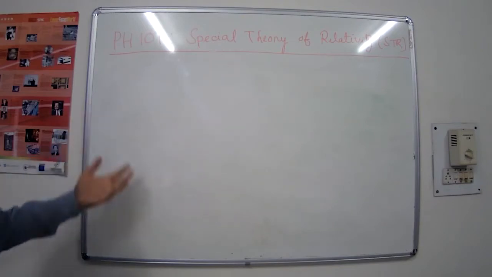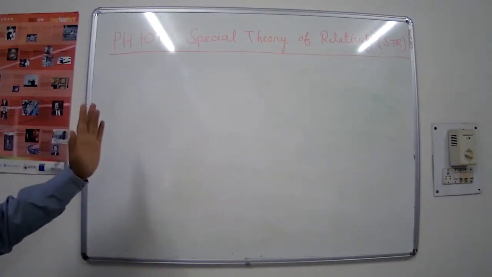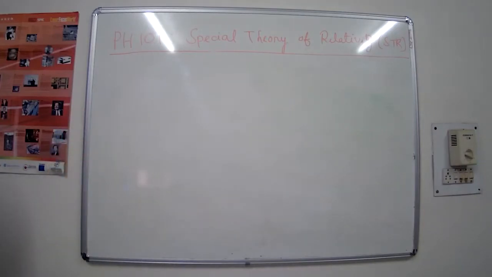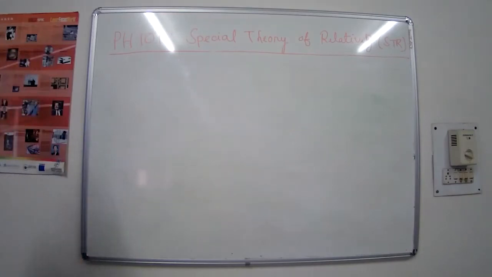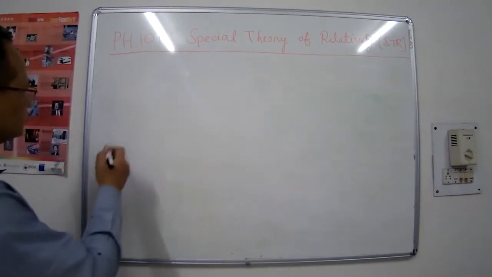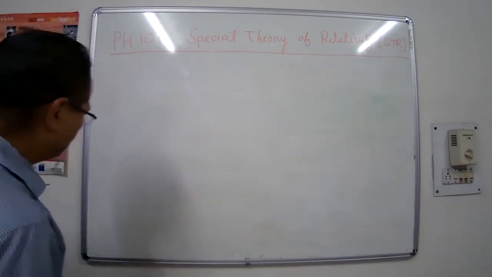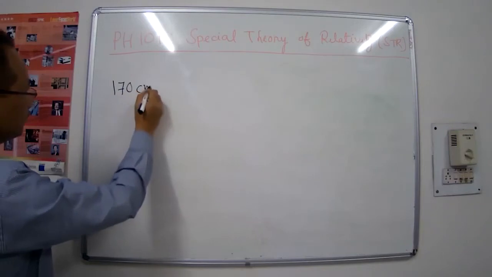But sometimes too much accuracy becomes redundant. I will give you one example. For example, someone has asked you what is the height of a person. Then the typical height, let's say, of a person is 170 centimeter.